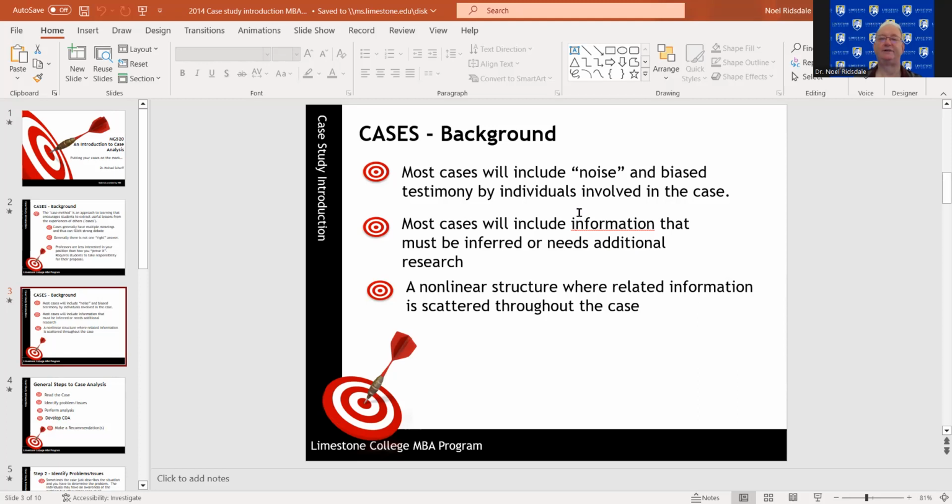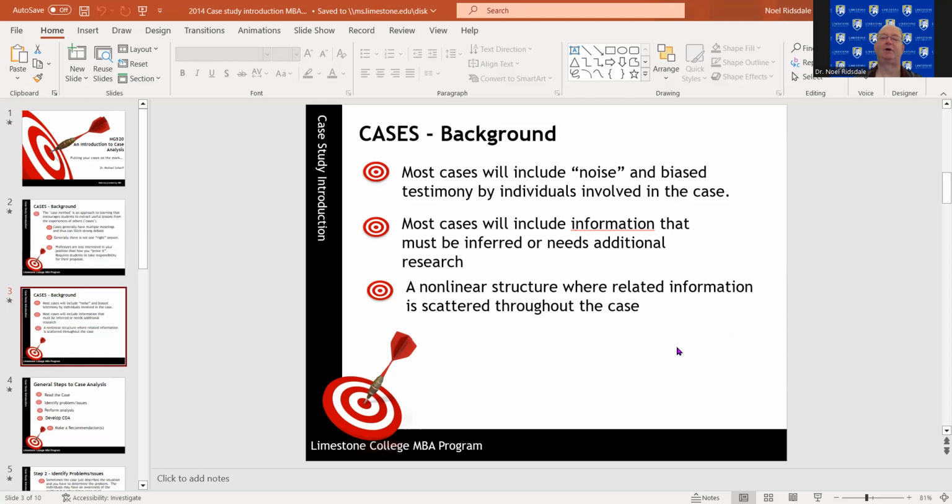There's usually some cloudiness to it. An example of clouding is when you have a turnover problem, but somebody says you have one or two unhappy employees. Well, one or two unhappy employees doesn't necessarily mean that's a cause or a symptom. It's just two unhappy employees. So you need to discard that and dig a little bit deeper.